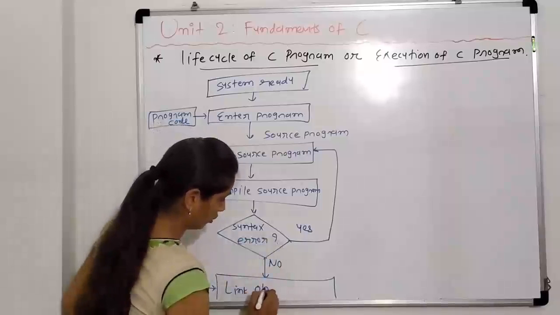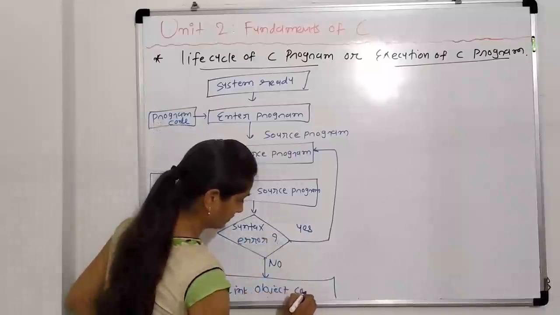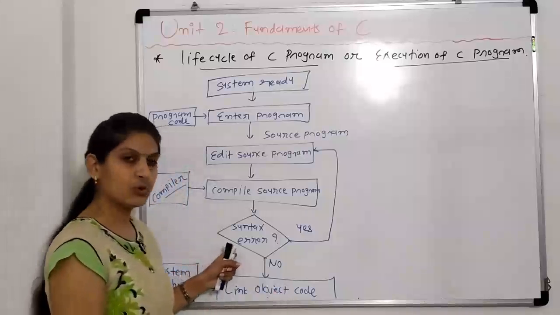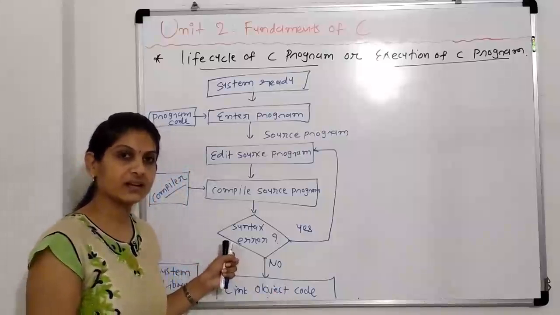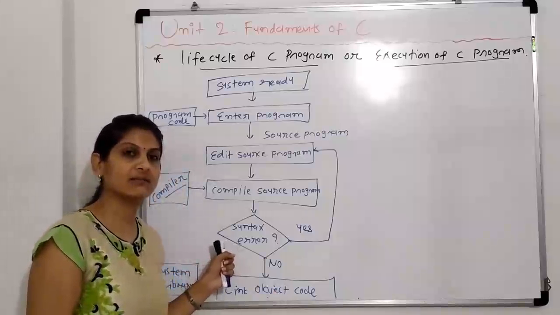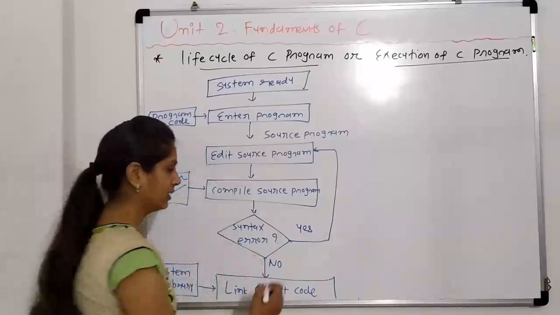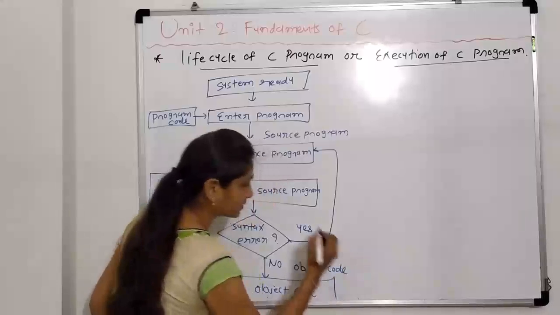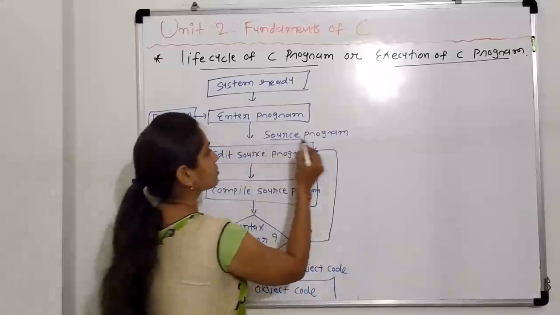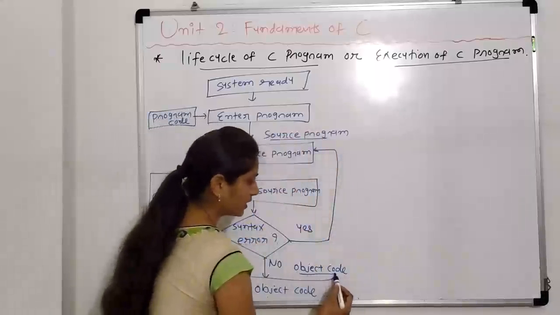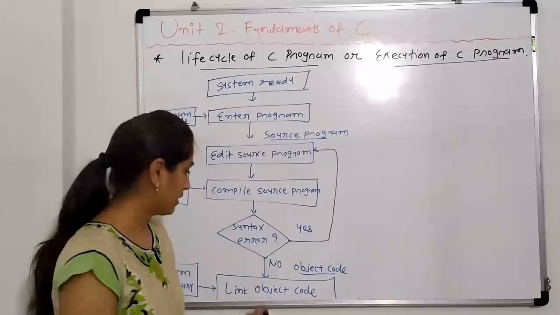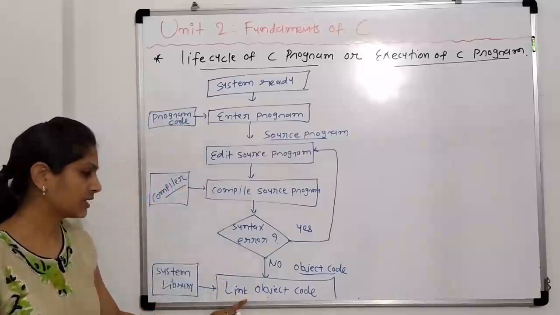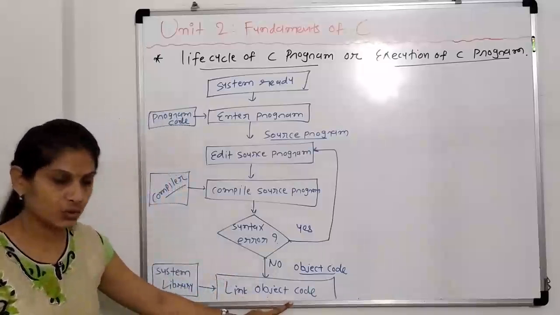Link object code. Now object code means what? If there is no error, then the compiler translates from high level language to machine level, and that is known as object code, object program. So first is the source program, which is converted into an object code. Now the system library is connected, that is our third step, link object code.